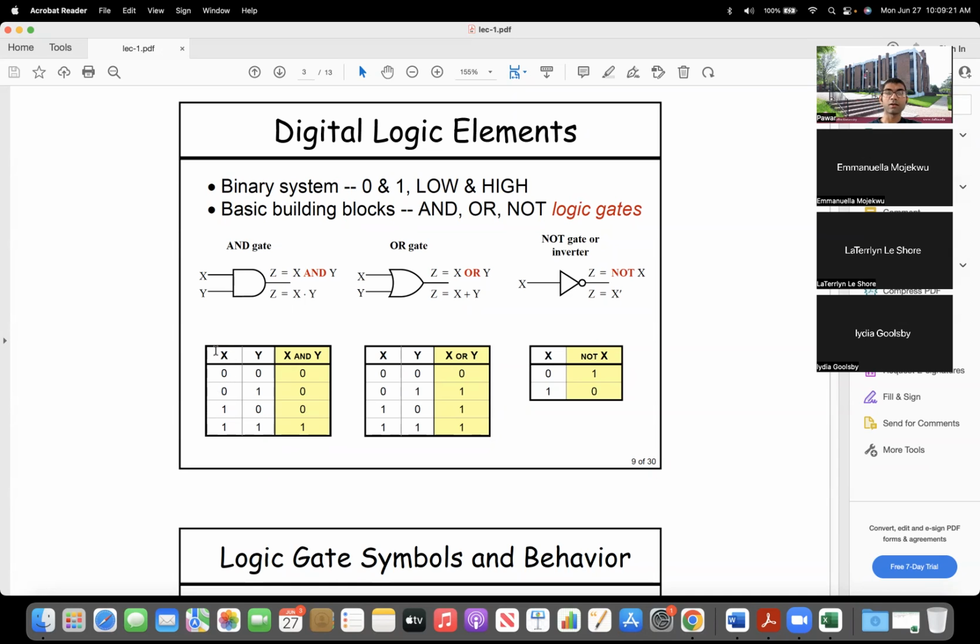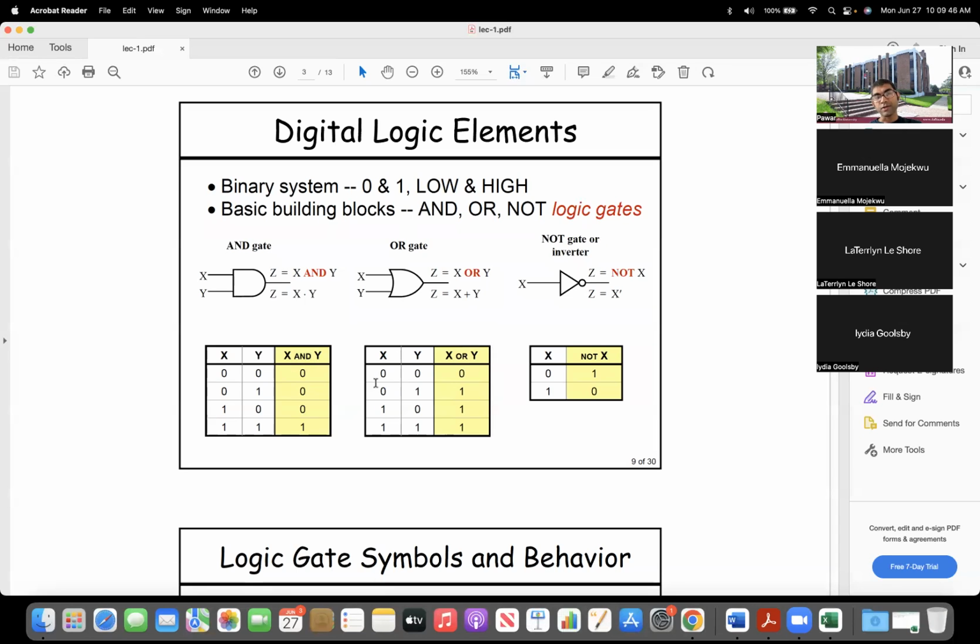So if you have one variable called X and one variable called Y, and if you apply a gate called AND, then this is the output you would expect, X AND Y. So the output in this third column is what you should expect when you have these two variables X and Y with an AND gate, right?